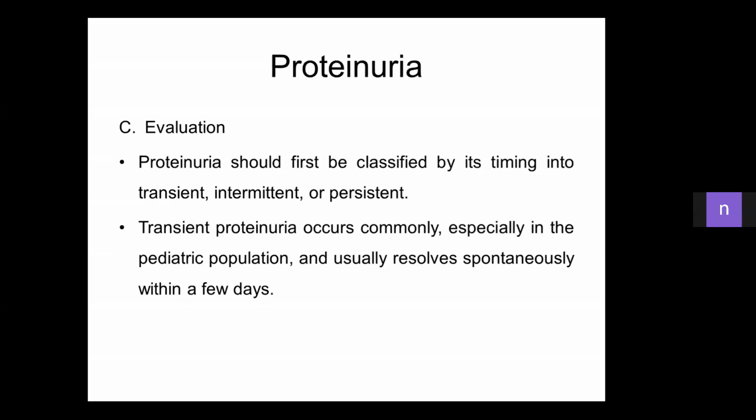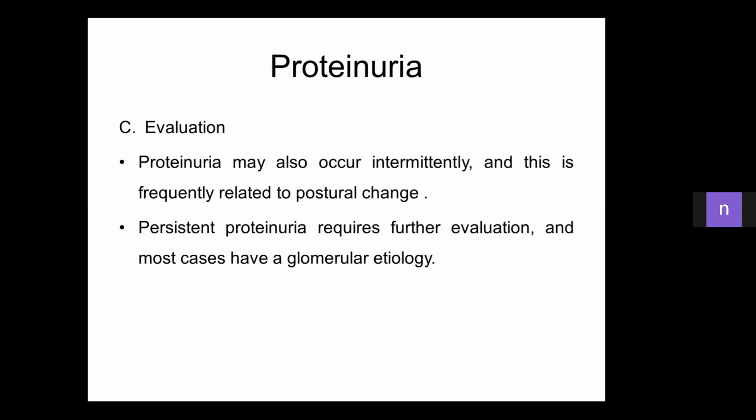For the evaluation, proteinuria should first be classified by its timing. The three again: transient, intermittent, and persistent. Transient proteinuria commonly occurs in the pediatric population and resolves spontaneously within a few days.